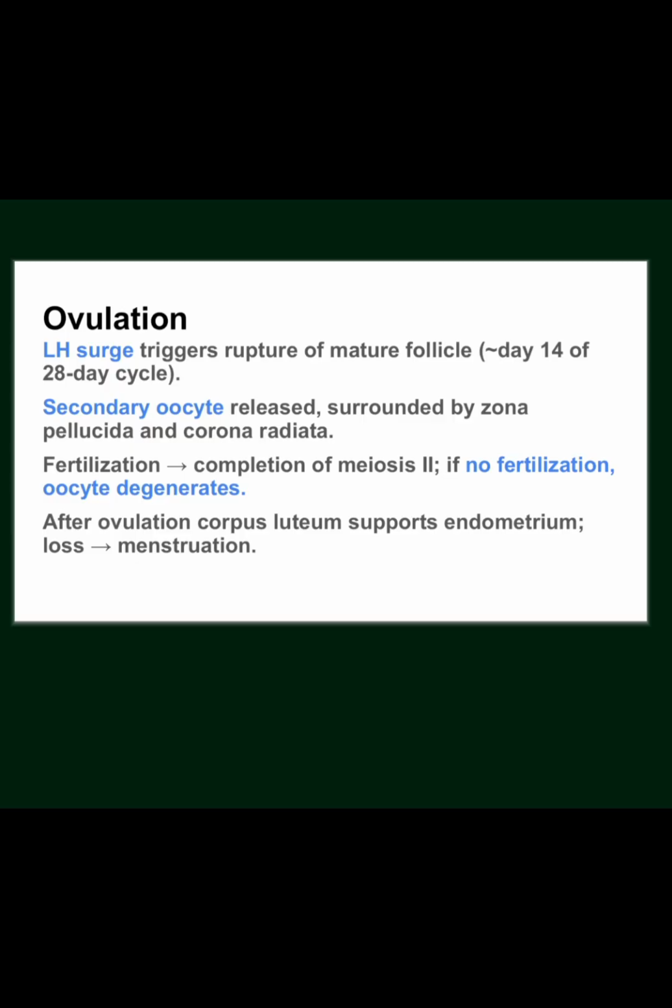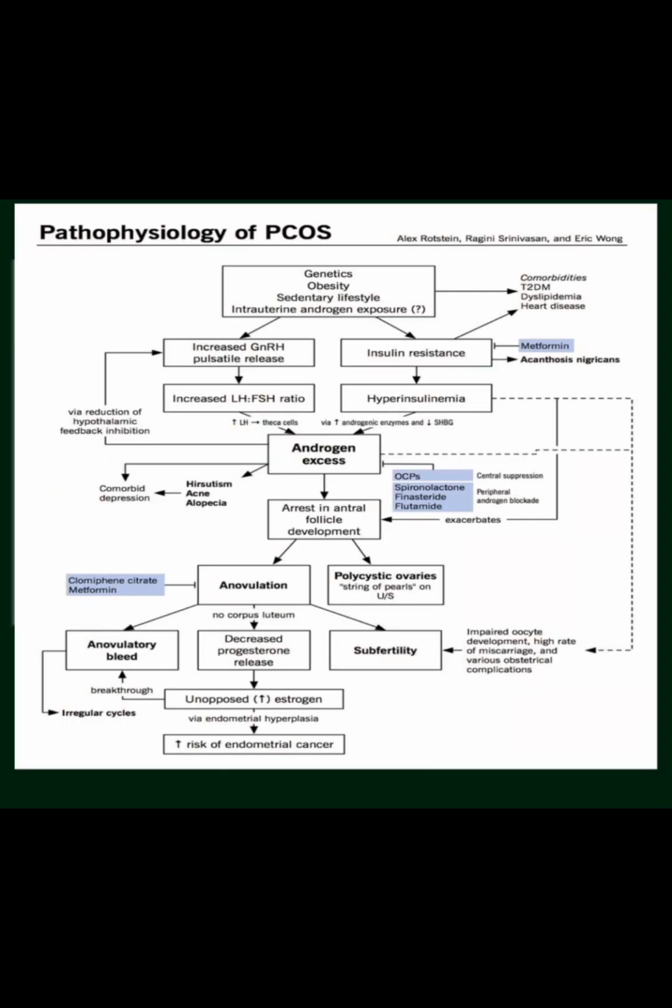Okay, so not to confuse you, but let's just look at the brief pathophysiology of polycystic ovarian syndrome. Before I go into further detail, I would like us to think of it as a two-way highway, as happening in two folds.